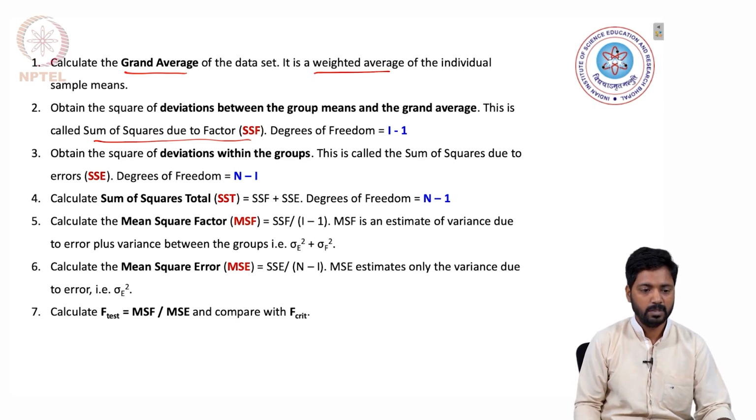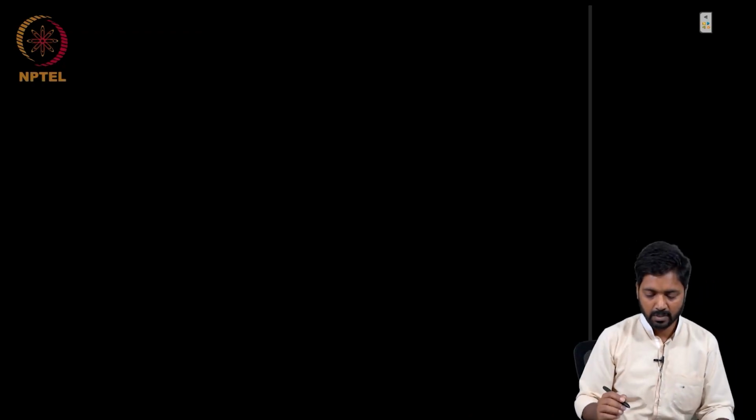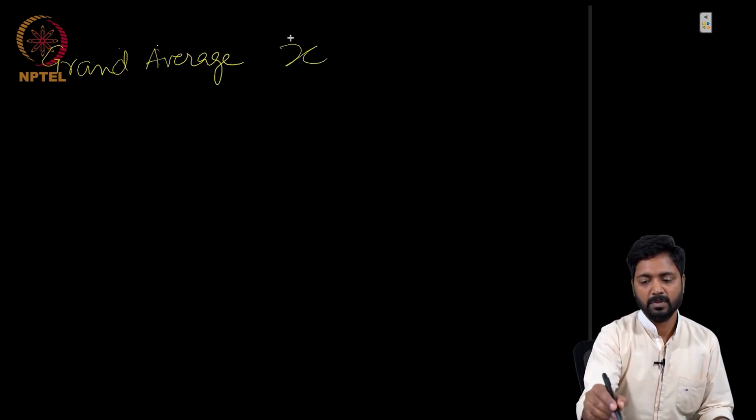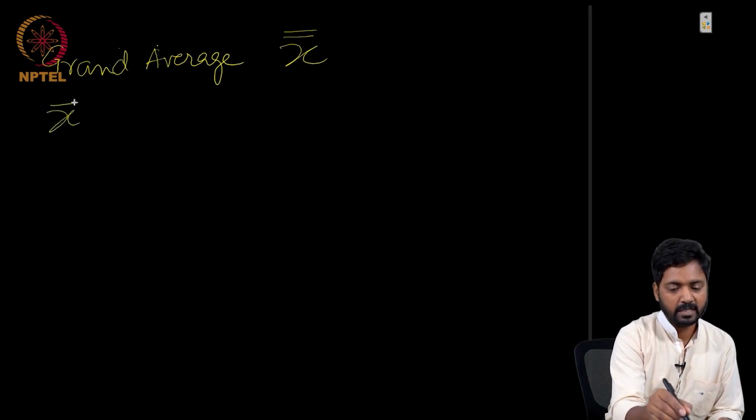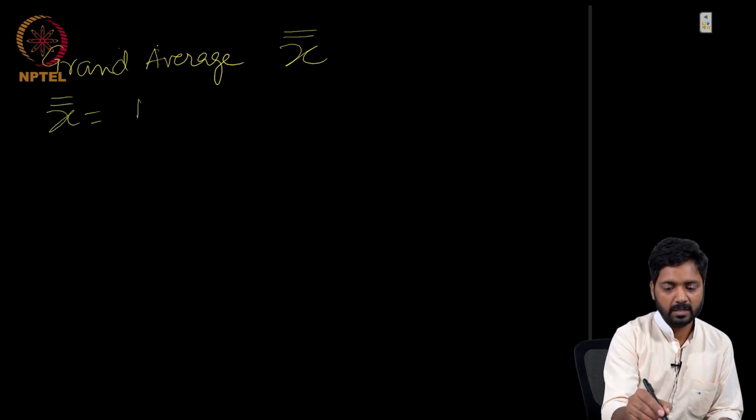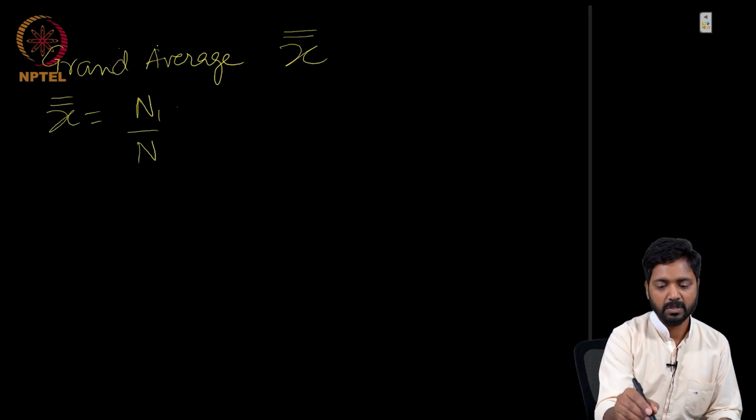Going to the board, first let us see how the grand average is to be calculated. We denote the grand average by the symbol x double bar to indicate that it is the grand average, and as we mentioned, x double bar will be a weighted average of the individual means.